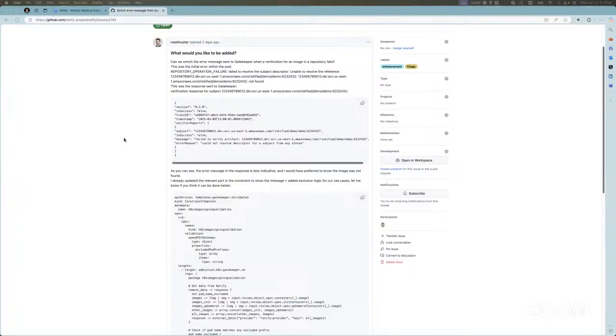I'm not sure whether the user is concerned that it's not easy to understand, or they can understand but want more information. For example, "from any store" — maybe they expect a specific store. So maybe we need to clarify what message the user expects.